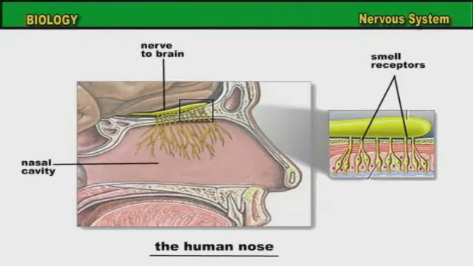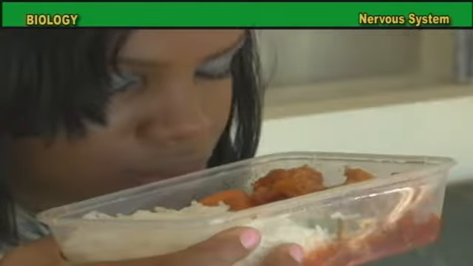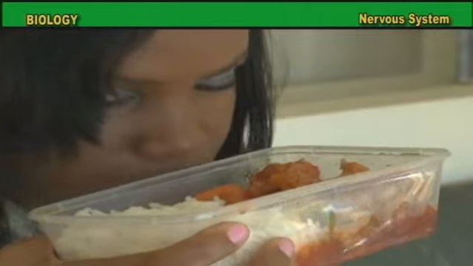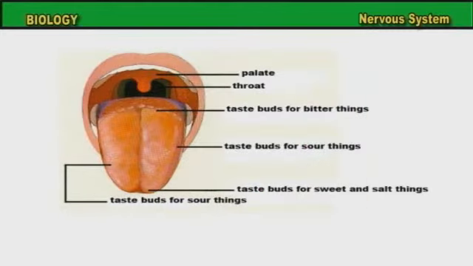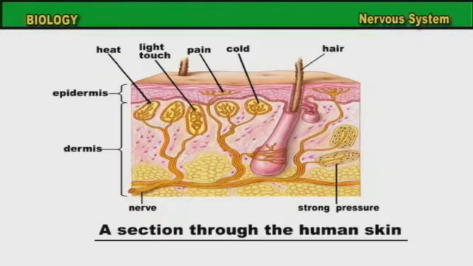The receptors in the nose detect different chemical stimuli in the air. The receptors in the tongue detect chemical changes to bring about different tastes in different types of foods. The skin, however, has many specialized receptors. These are able to detect pain, pressure, heat, and cold.